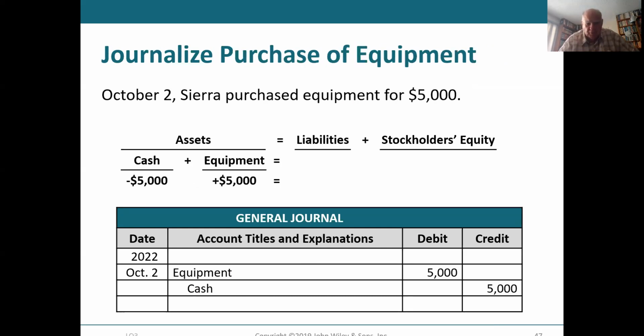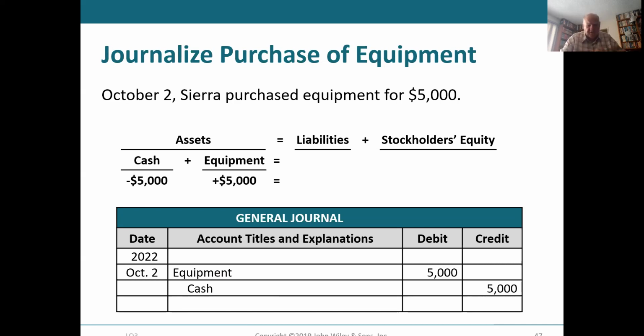Then the other one, he bought equipment, right? So you go into your journal, your general ledger. Remember that this blank screen is what you're going to see on your computer, whether it's in QuickBooks or in some big program like Mas 90 or Oracle or something like that. You're going to go into your computer system, say journal entry mode, and it's going to come up with the blank.